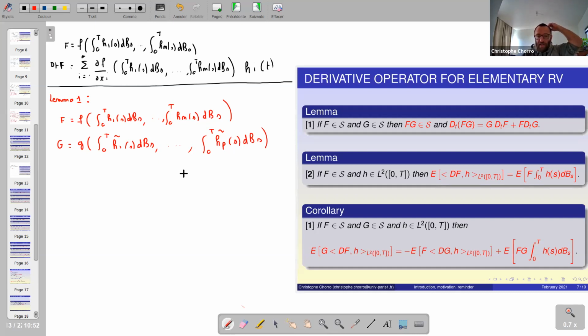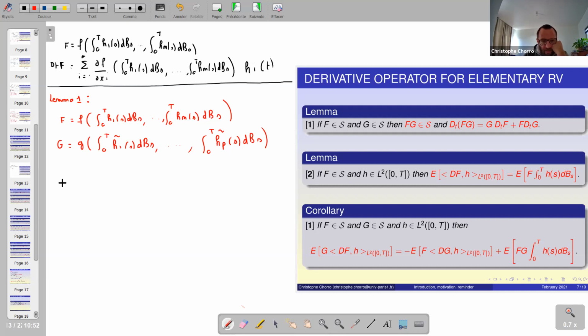But what is nice is that I can always consider that I depend on the same Wiener integrals. Let's write it the following way.